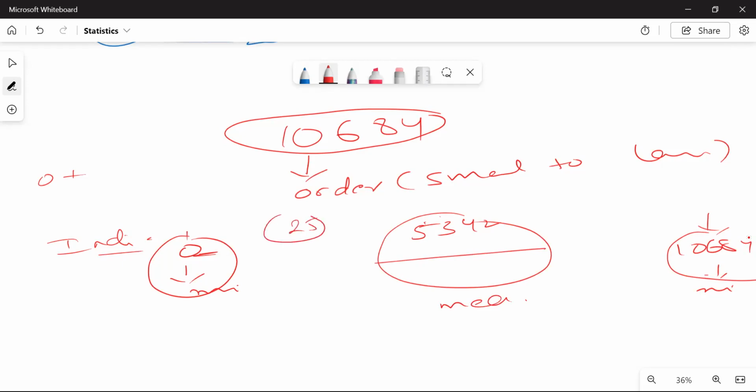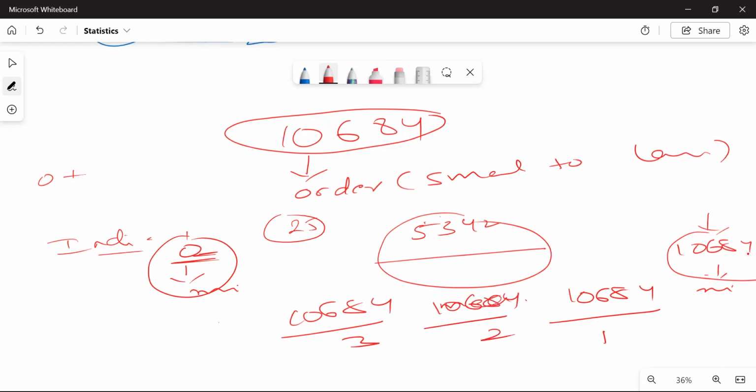So how could you find the 20% of the data? Here we have 0 to 10684.